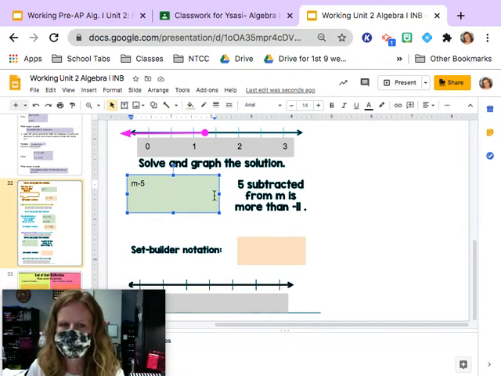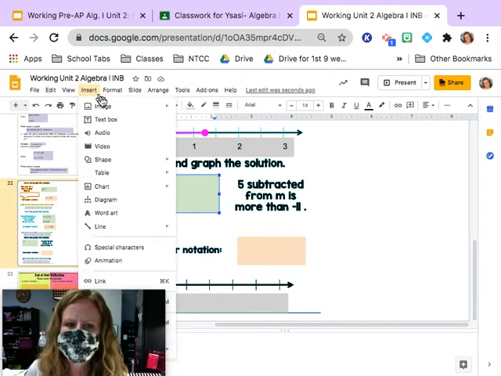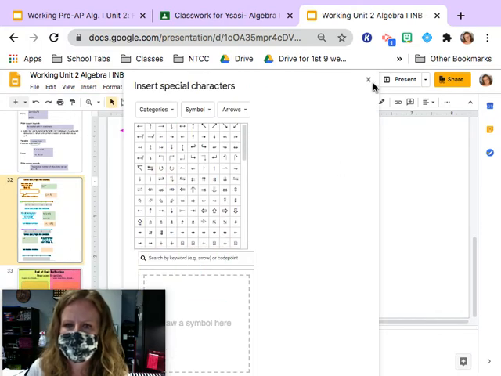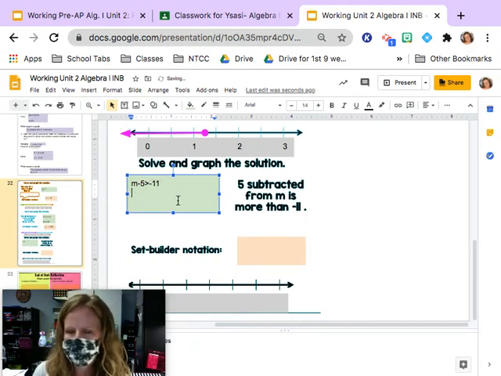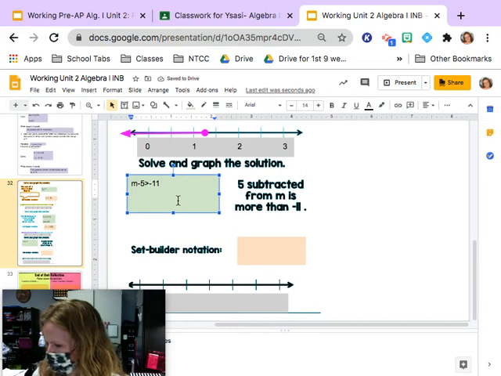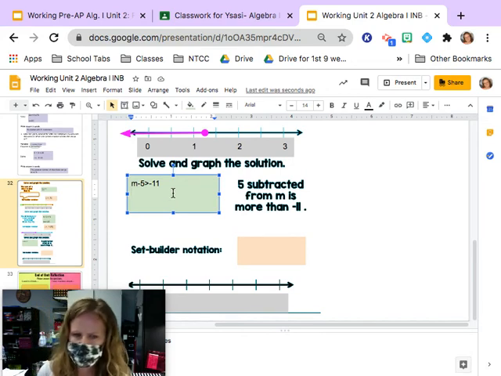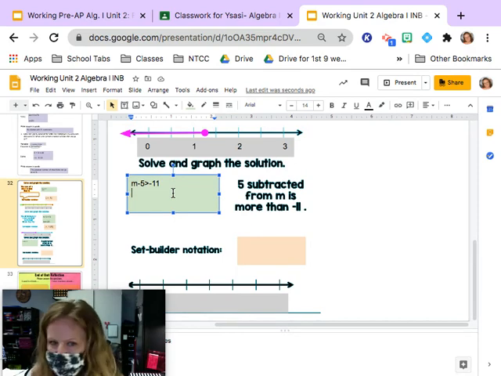So what symbol do we use? Greater than or equal to, right? Or just greater than? Oh, just greater than? So I don't need that. Greater than negative 11. So write that down. m minus 5 is greater than negative 11.